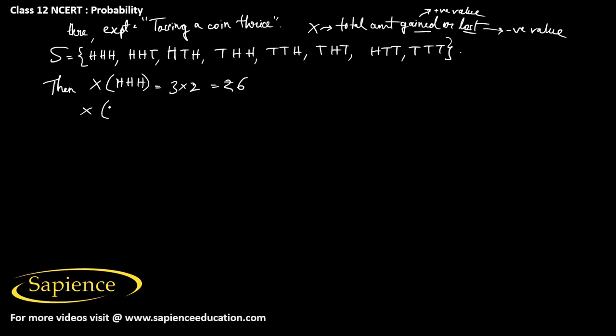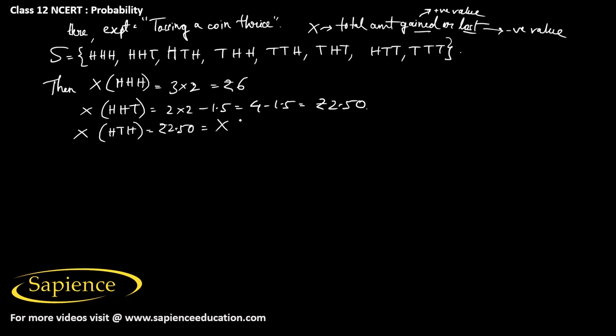And for head, head, tail, for the 2 heads he will get ₹2 each, and for the tail he has to give back 1.5. So it will be 4 minus 1.5, that is ₹2.50. Then x of head, tail, head is also ₹2.50, and that is also equal to x of tail, head, head.